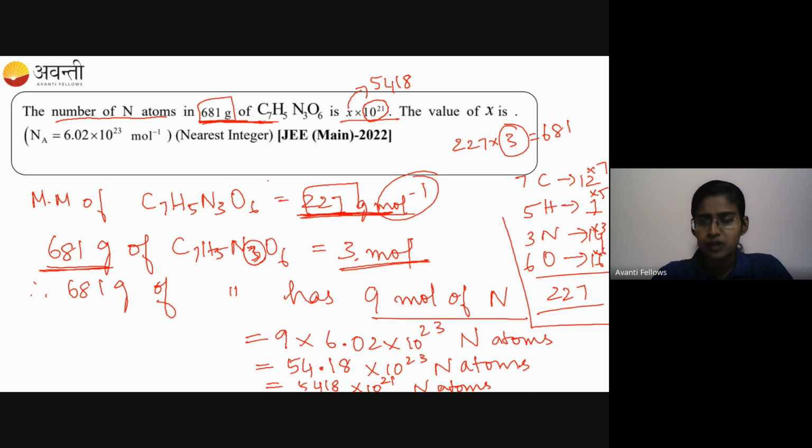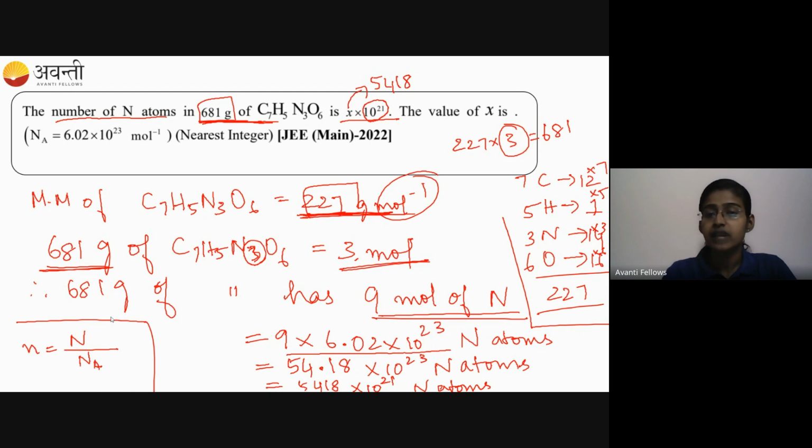This is the number of moles. So to find out the number of atoms, we have to multiply the mole by Avogadro number. That's all. So number of moles is equal to number of particles divided by Avogadro number.